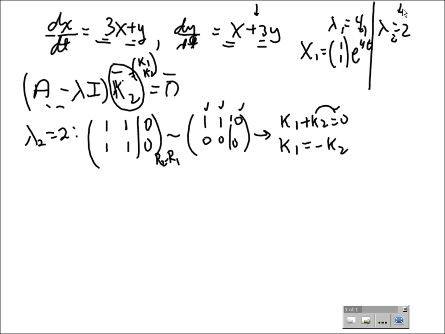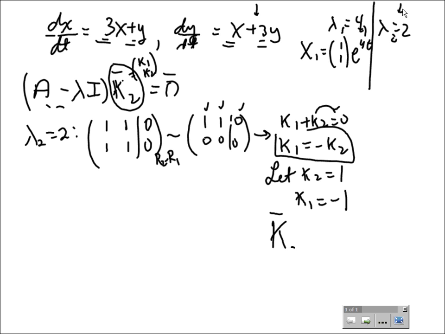The right side is more complicated, so I'll pick a value for K2. Let K2 equal 1. Well, then K1 is negative whatever K2 is, which is negative 1. I know that from here. So capital K, vector K2 is K1, K2. Now once you have K, you can get X2.